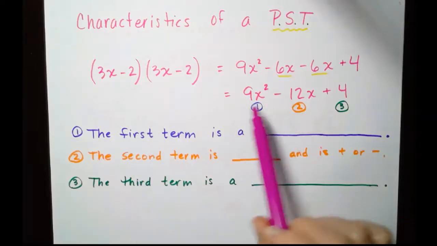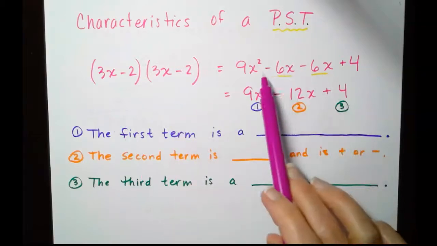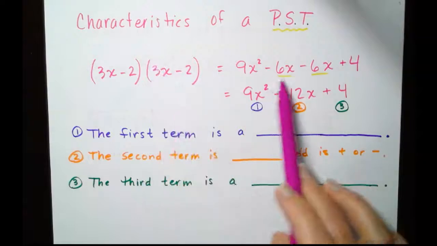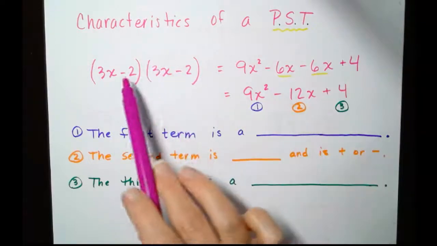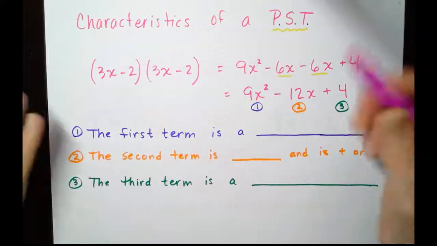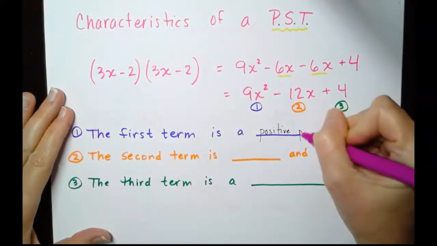So here is one, 3x minus 2 times 3x minus 2. Remember, first sides, 9x squared, outsides, negative 6, insides, negative 6, last sides, plus 4. The first term is always a positive perfect square.